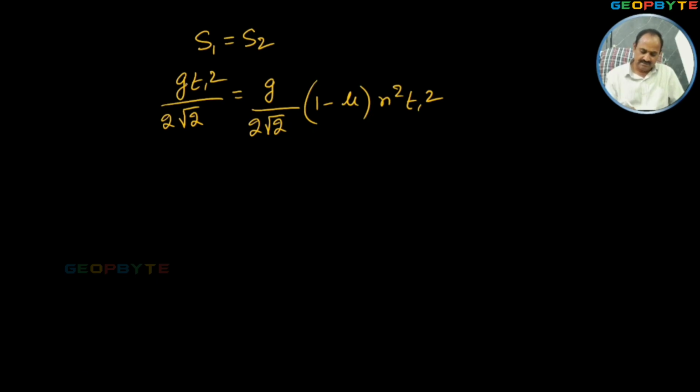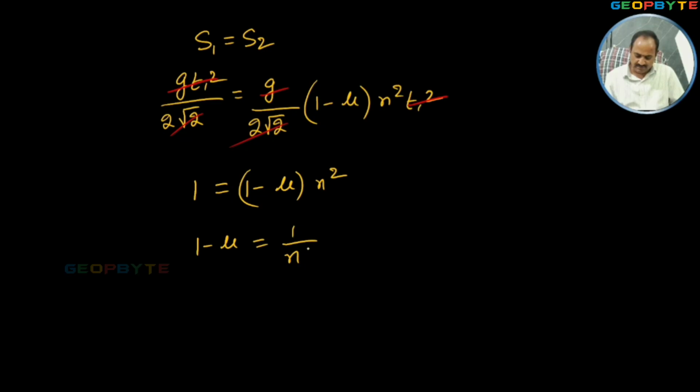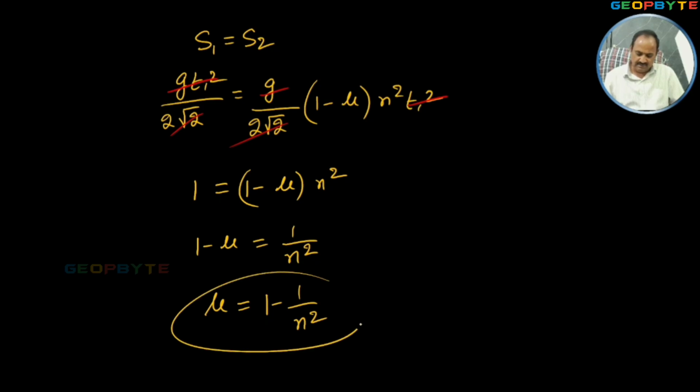Now let us cancel g t1 square and 2 root 2. Finally it is 1 equals (1 minus mu) into n square. From this, 1 minus mu equals 1 by n square. So the coefficient of kinetic friction, mu equals 1 minus 1 by n square. This is the answer.